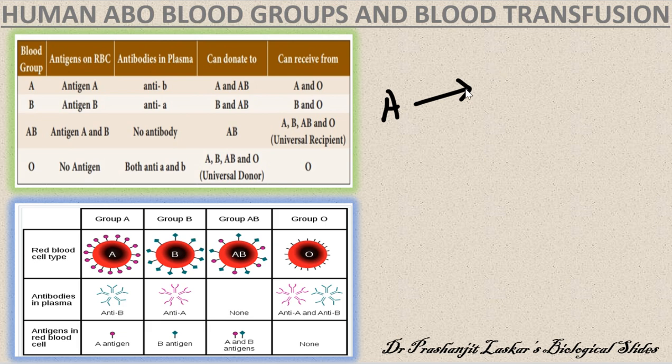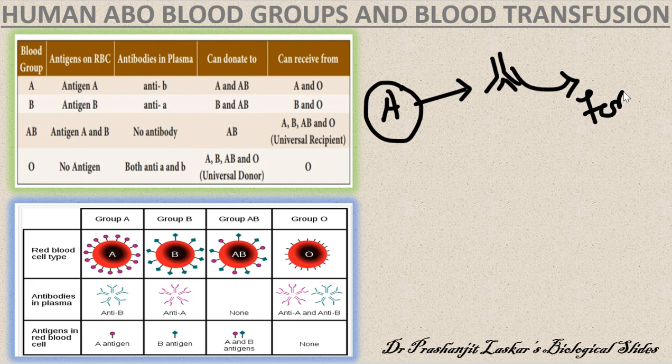As I have mentioned, a person with antigen A has antibodies, this is the structure of an antibody, for antigen B in their plasma, which is represented as anti-B.